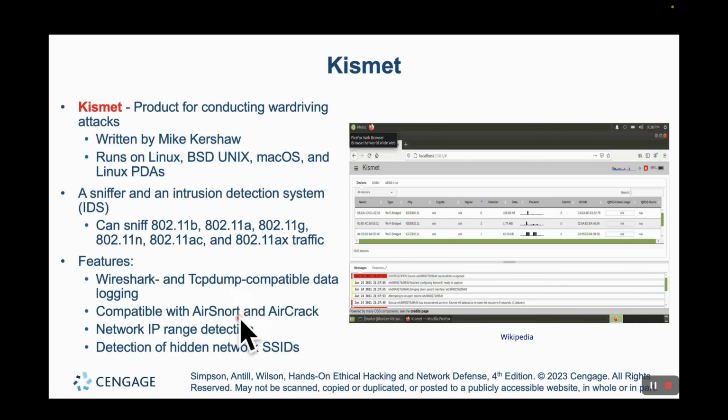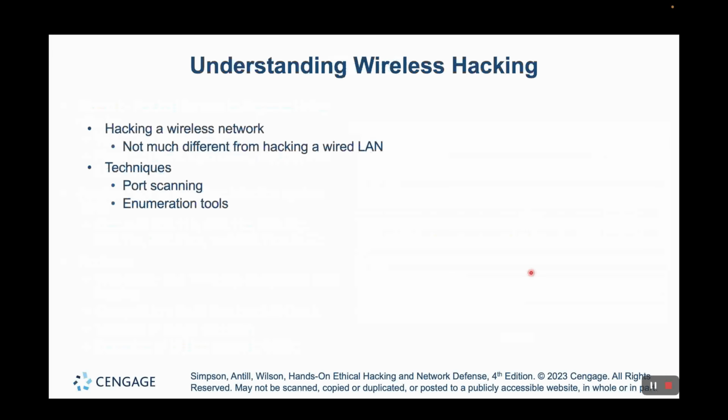It's also compatible with AirSnort and Aircrack, and has network IP range detection and can detect hidden SSIDs. So, it has very nice graphical mapping of networks. It also can give you the manufacturer and the model identification of the access points and the clients. It also can give you output in XML format and supports many, many different wireless card types.